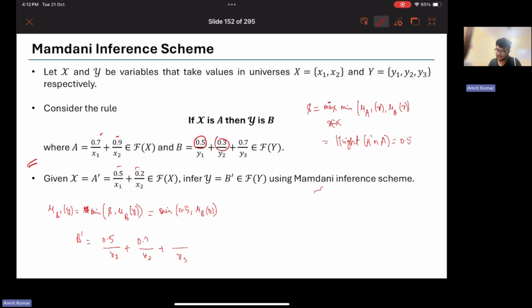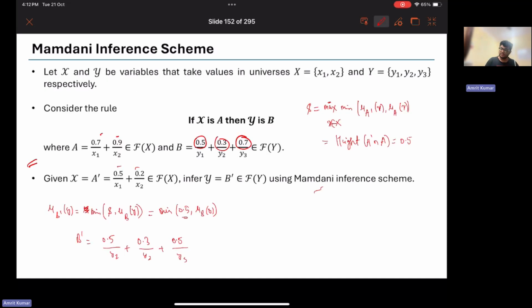So it's again 0.3. Membership of Y3 in B dash is minimum of 0.5 and 0.7, which is 0.5. Okay. So Mamdani inference scheme is just an instance of similarity based reasoning where we use Zadeh's maximum similarity measure, or in other words, we take the height of A dash intersection A and we use the minimum T norm to perform the modification step.